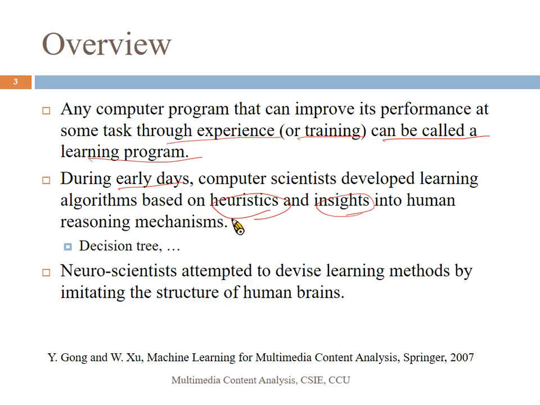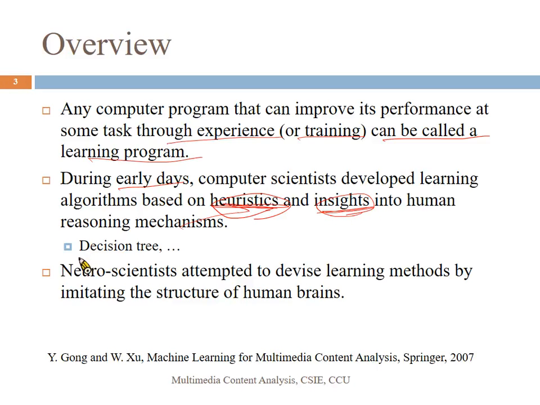So we don't have very systematic methods to develop the learning program in early days. So we just develop the program according to our domain knowledge, according to some rules or heuristic, or according to some insight observed by human.